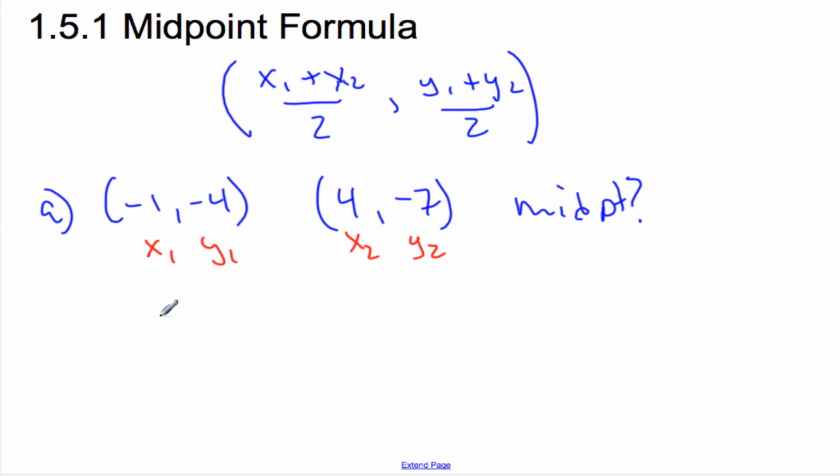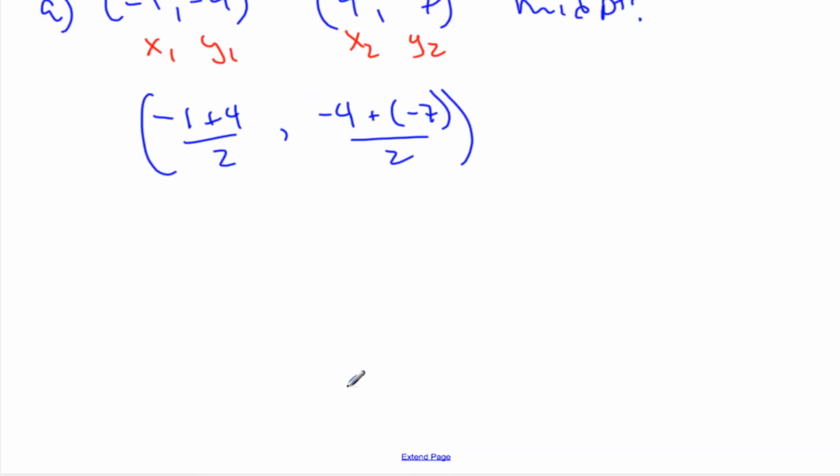We've got -1 add 4 divided by 2. And for the y coordinate, we've got -4 add -7, all divided by 2. Okay, so -1 add 4 is 3, so 3 over 2, leave it as a fraction. And then we've got -11 over 2. We're going to leave them as fractions. That's totally fine. And there's our midpoint. Done. End of story.